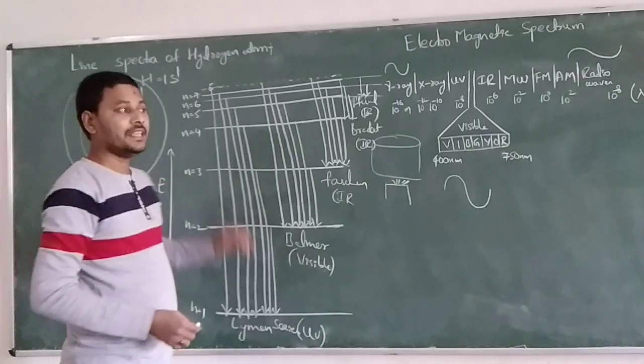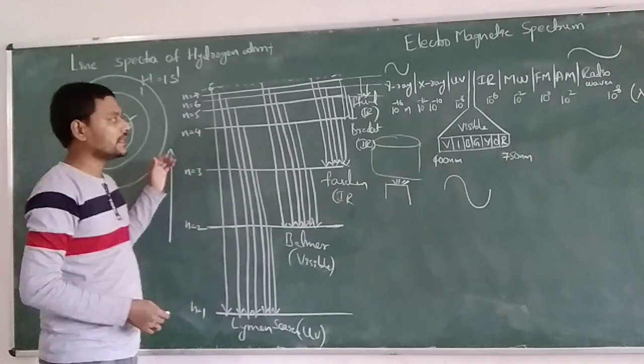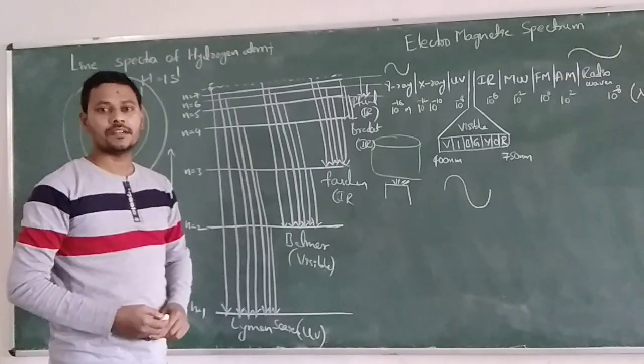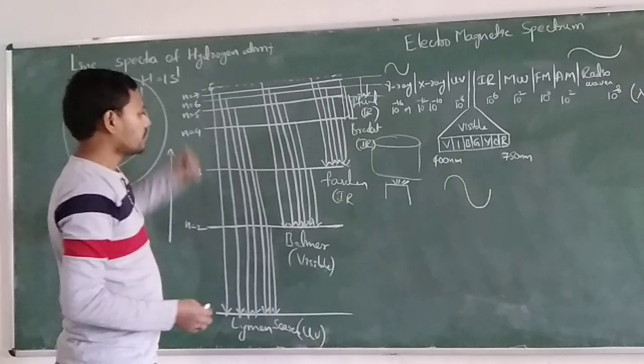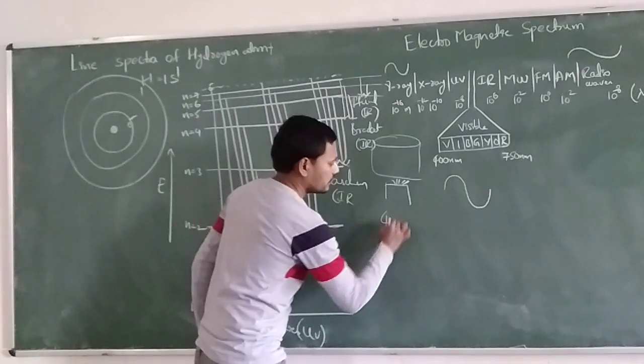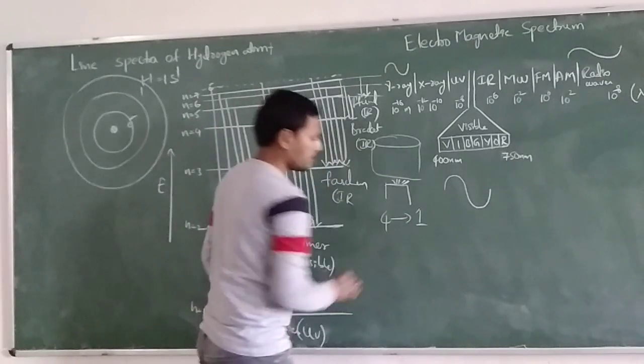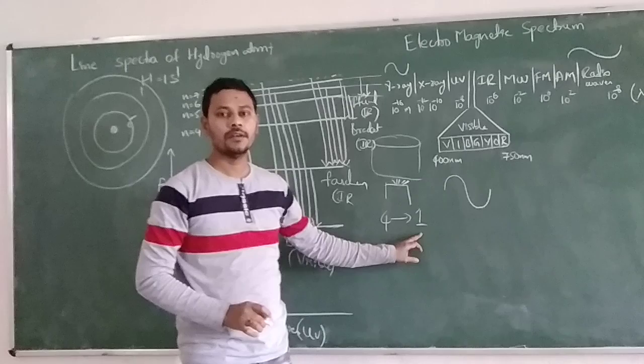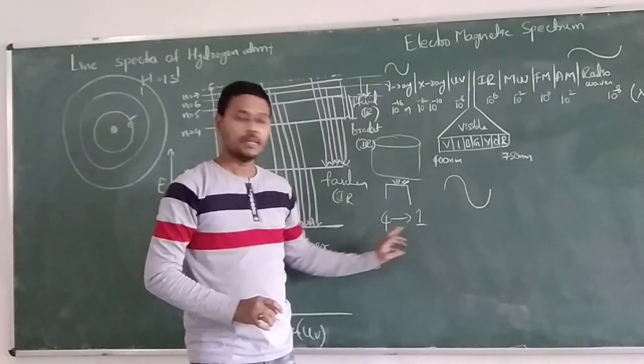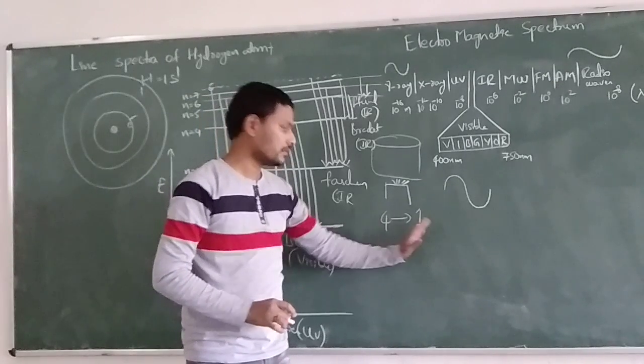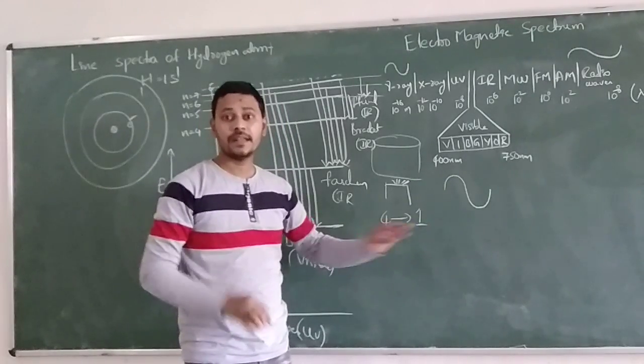And the de-excitation process may take place in a single step or in several steps. Let me take one electron coming back from the fourth energy level to the first energy level. It may come back directly from fourth to first in a single step, or in multiple steps.